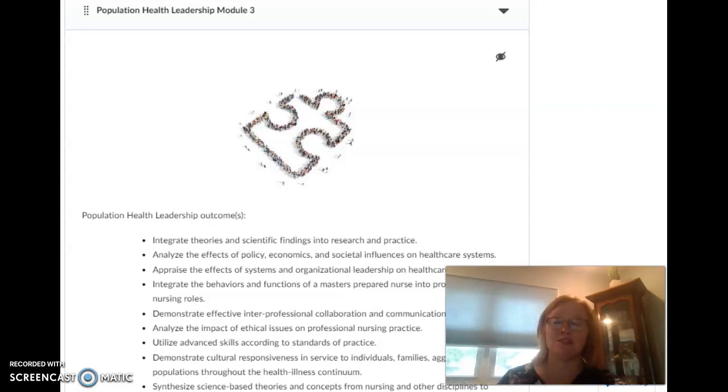Module 3, as I mentioned earlier, does include the Psychology of Change framework, and I do want you to take some time to look at that white paper that is part of our readings. Again, this report is very instrumental, not only for population health, but for change in general.